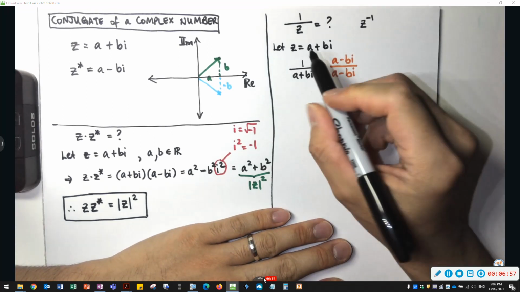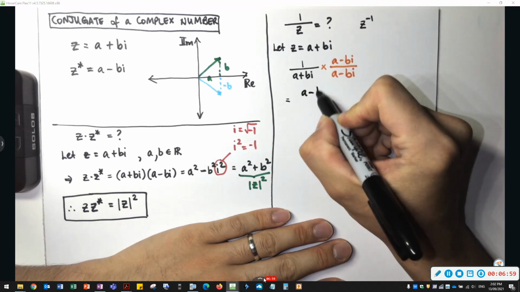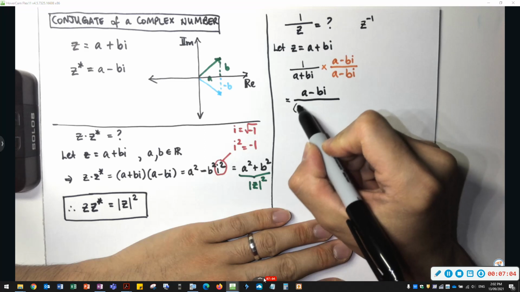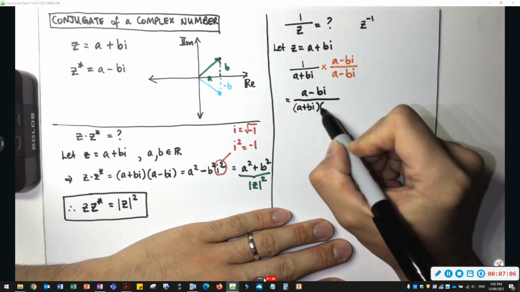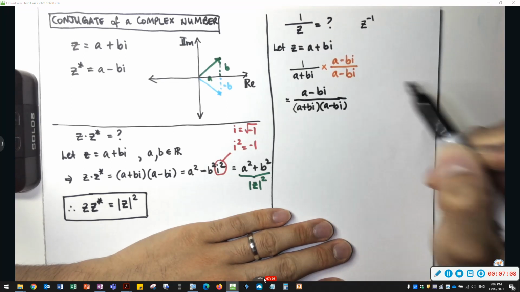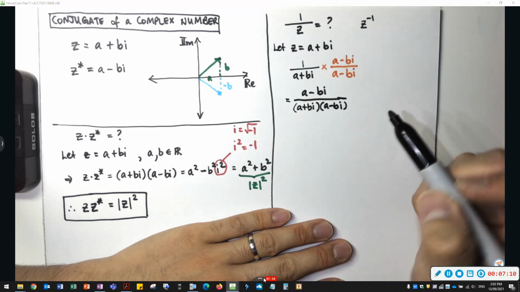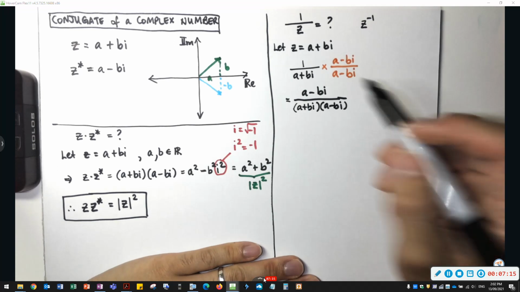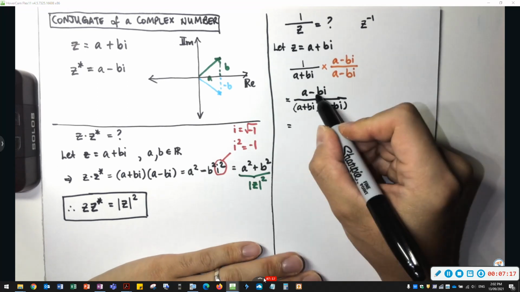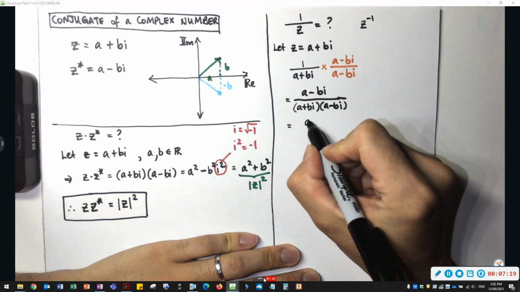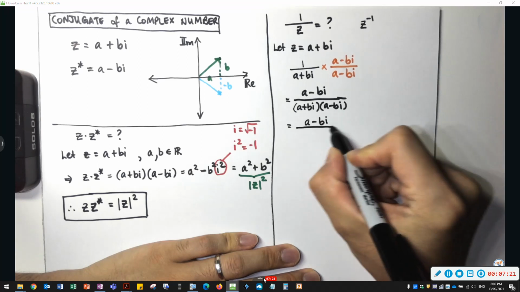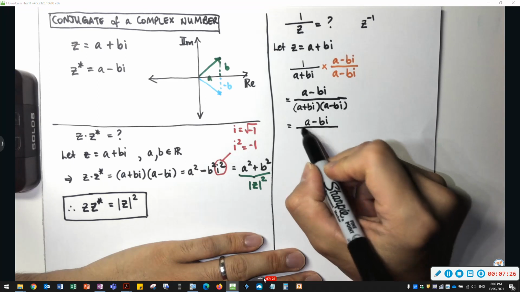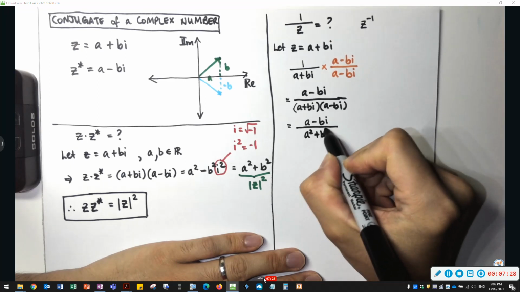So in the numerator, you're going to get a minus bi. On the bottom, it's going to be a plus bi times a minus bi. So really it's z times z star, which you can already see the expression over here. Okay, so this is a minus bi. And then down here, I've got a squared plus b squared.